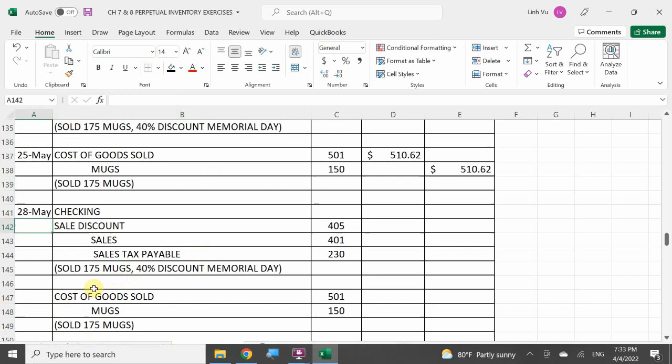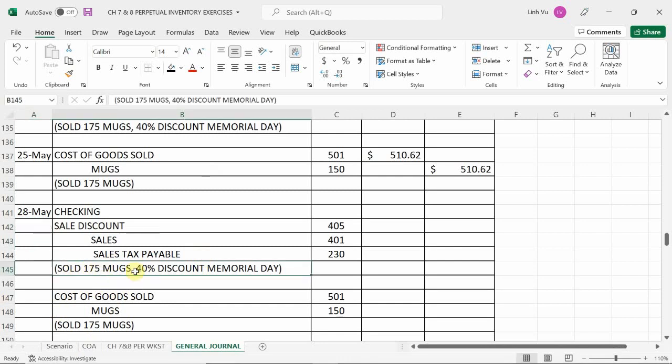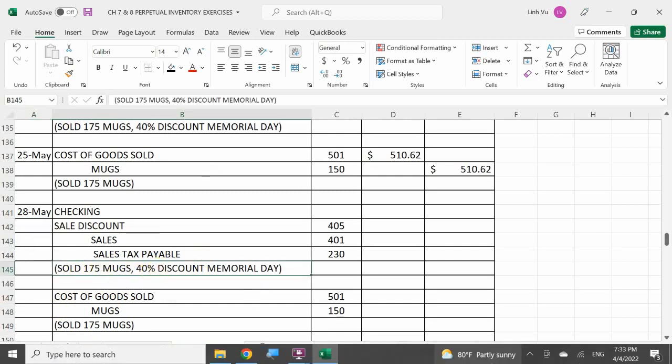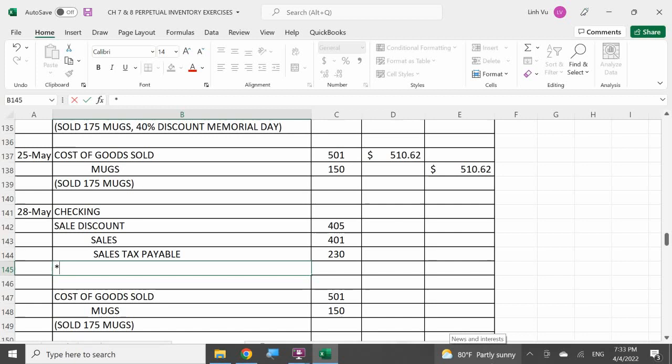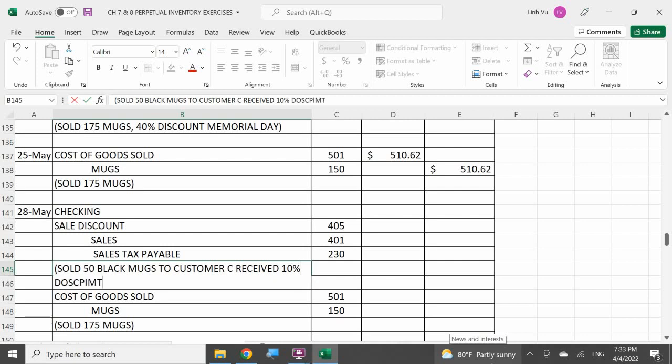Okay? And what I'm going to say here, we're going to take out "sold this" because we actually end up selling 50 black mugs to customer C, and they received a 10% discount.